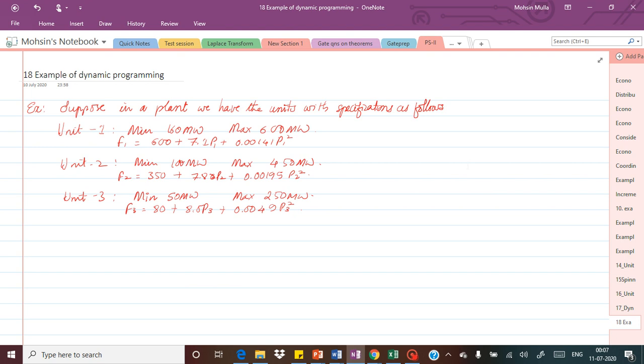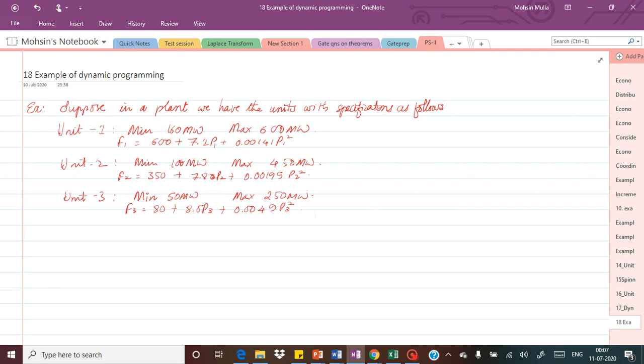Suppose in a plant we have three units with specifications as given here. Unit 1 has a cost characteristic given like this, and then there is a minimum and maximum capacity of unit 1. Similarly for unit 2, the cost characteristics and the minimum and maximum capacity are given. Unit 3 also has the same content.